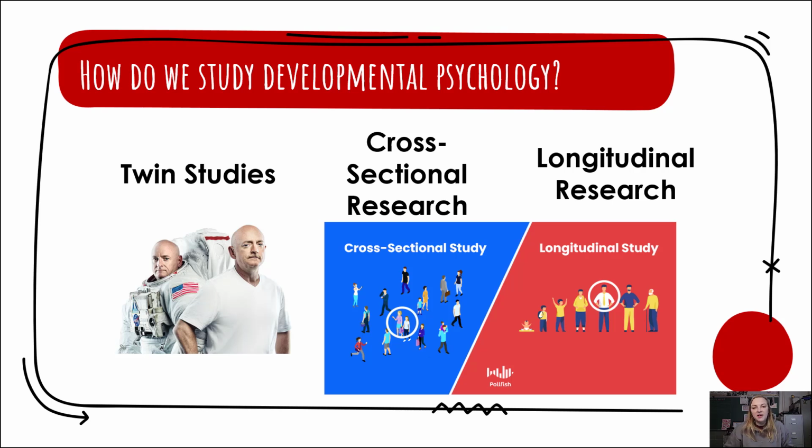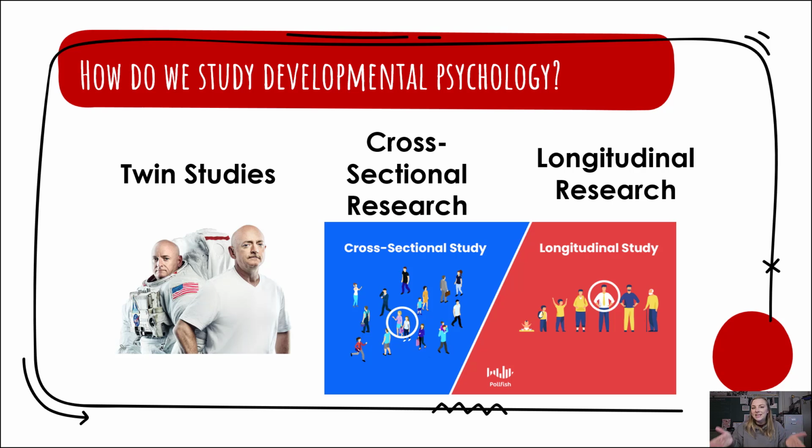Another aspect of developmental psychology we need to talk about are the research methods that are used. We also use two other types of research methods. The first is cross-sectional research. Cross-sectional research is where individuals, typically of different ages or developmental levels, are compared at a single point in time. An example is a study that involves a direct comparison of 5-year-olds with 8-year-olds.